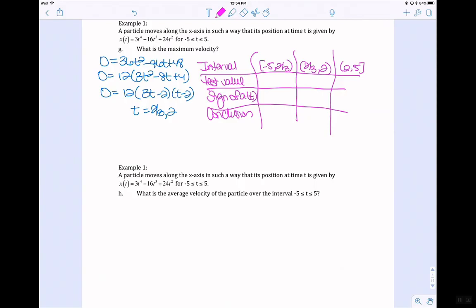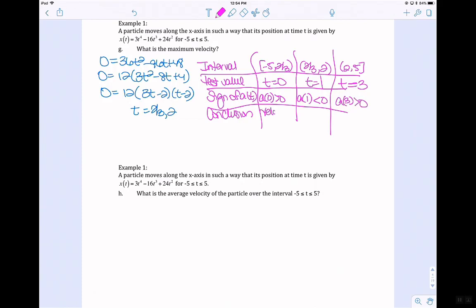So then what I want to do is go ahead and pick my test values. So t is equal to 0, t is equal to 1, and t is equal to 3. So a of 0 is going to be bigger than 0, a of 1 will be less than 0, and a of 3 will be bigger than 0.